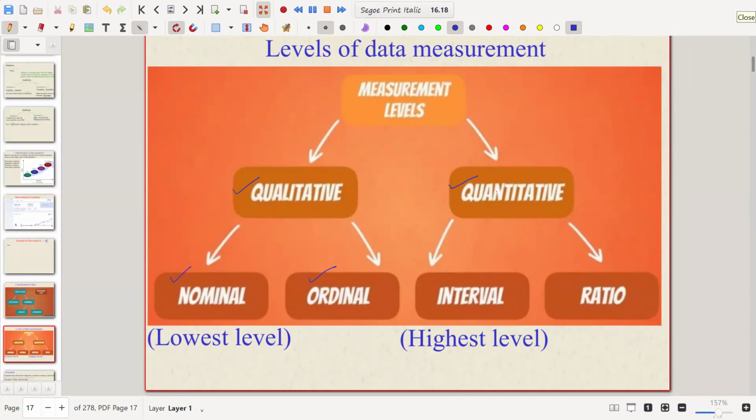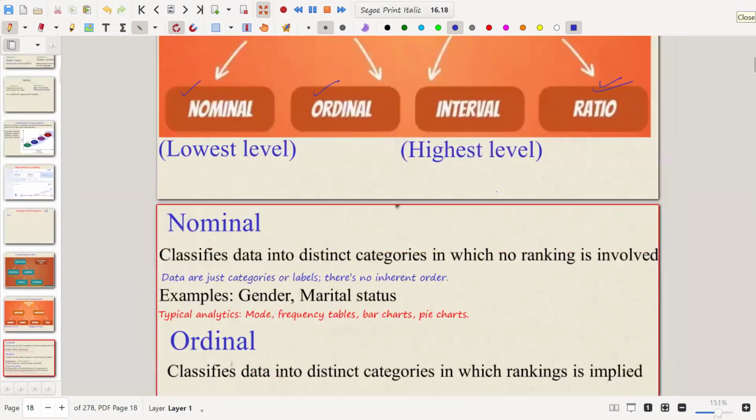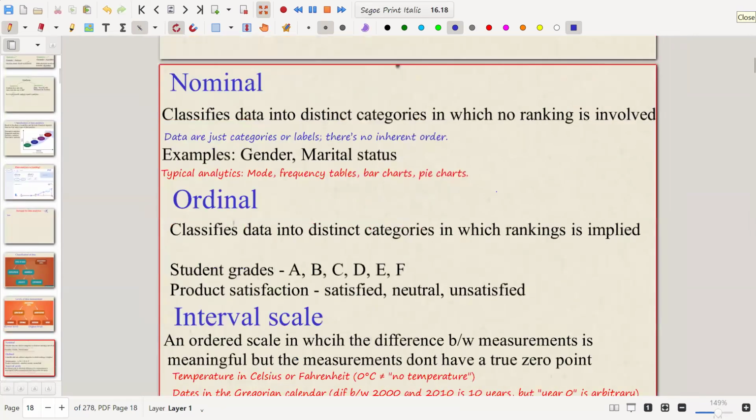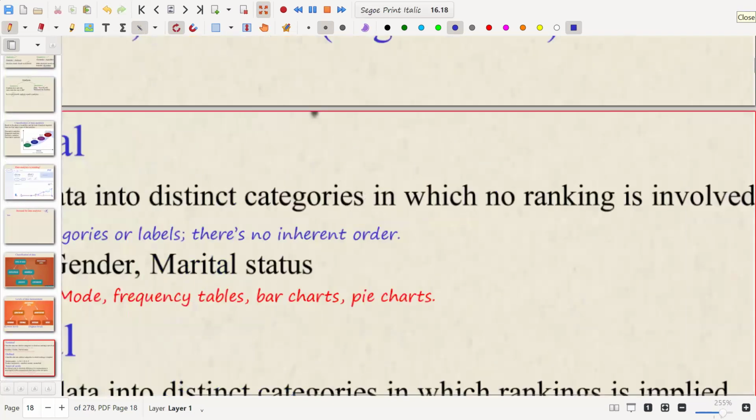For the quantitative case, when you deal with numerical sets, you come to interval and ratio data. Ratio is the highest level of data. We will see an example of each of them.